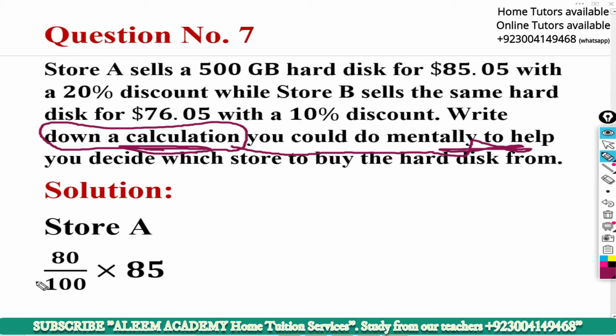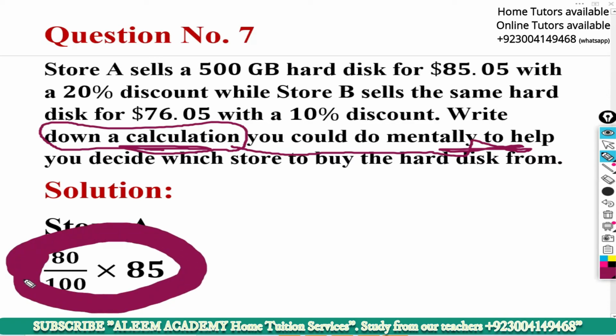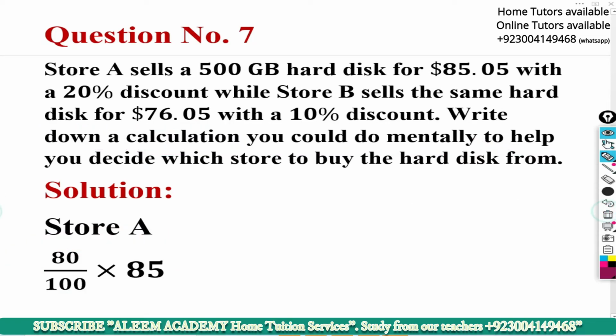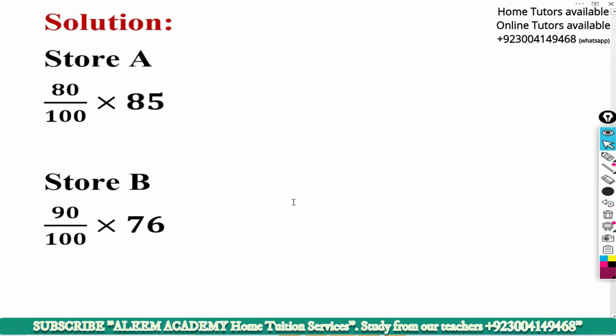The calculation is this, and the calculation for the next part is also 90 over 100 into 76. I hope you got my point. This answer is enough to write down. You do not need to calculate it further, or multiply or divide or anything else. Nothing else is required.